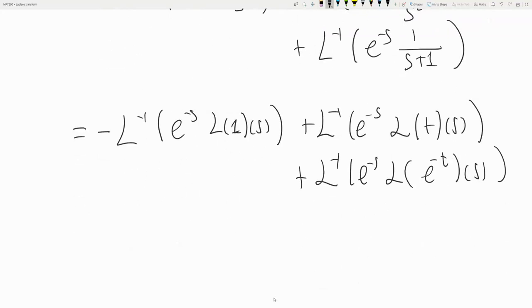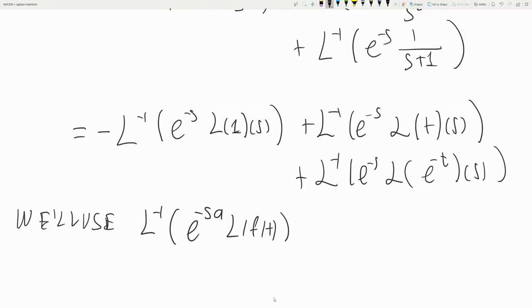So here we will use that the Laplace transform of e to the minus sa times f of t. So if you take the inverse of this, you get f of t minus a times the step function.